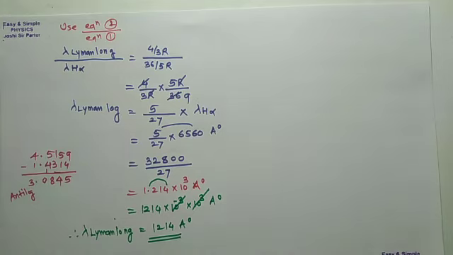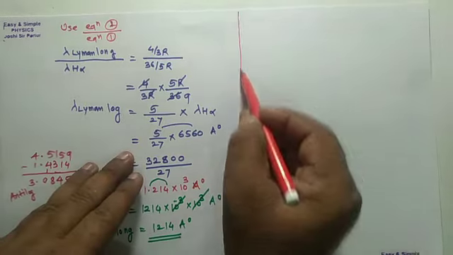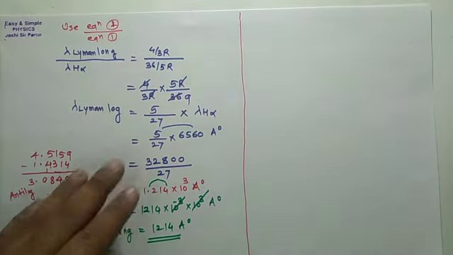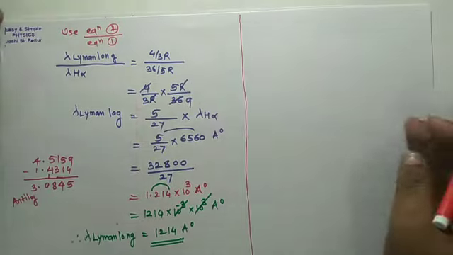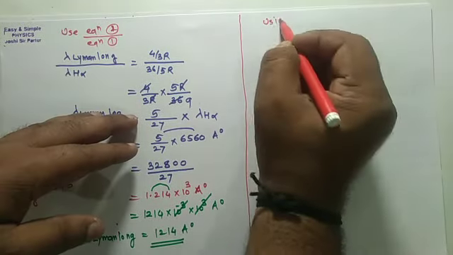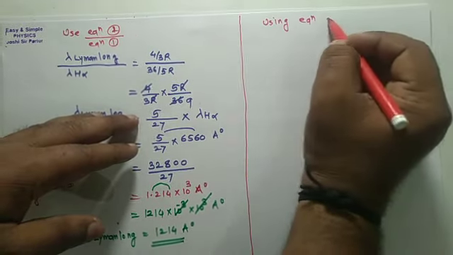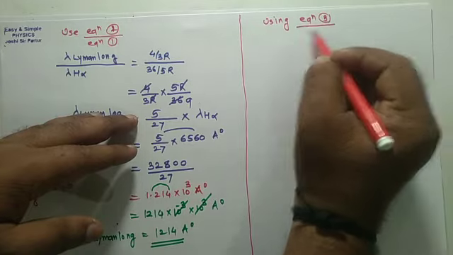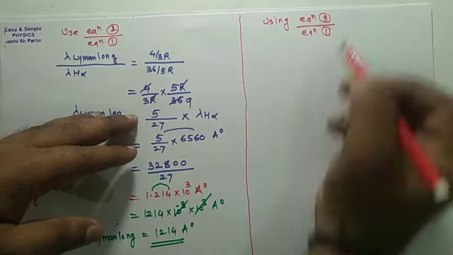That is the answer for lambda Lyman longest, or longest wavelength in Lyman series. But we can find out longest wavelength in Paschen series by using equation number 3 and equation number 1.